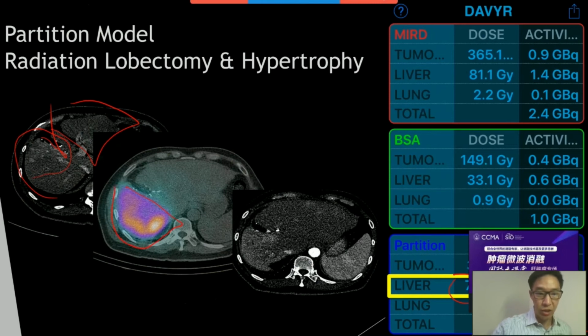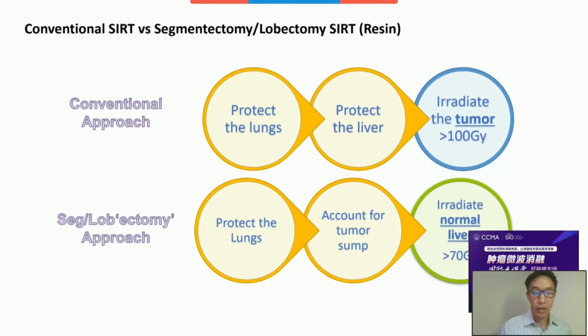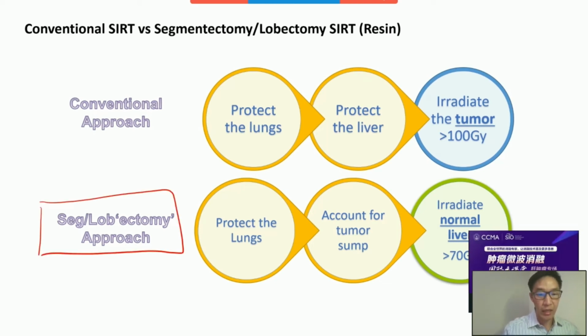This is the post-implantation, and what you can see at 3 months is retraction of the area. The increased attenuation from the arterial phase is from the radiation response, but you can see that the lobe itself is shrinking dramatically. So very similar in approach to a surgical resection. So when we talk about the two different techniques, the one technique that cannot be done with TACE is this segmentectomy lobectomy approach.